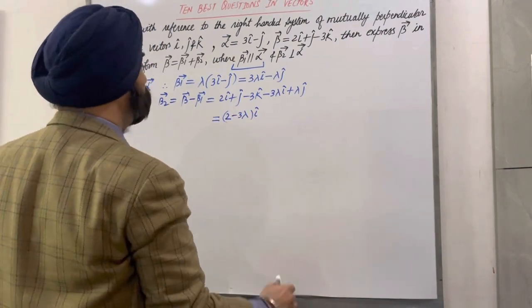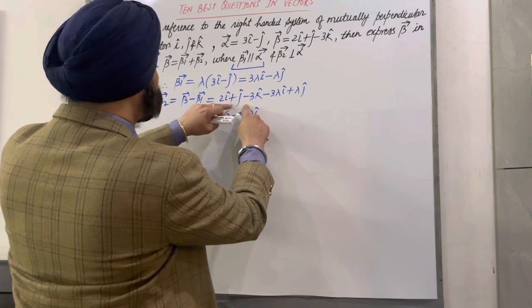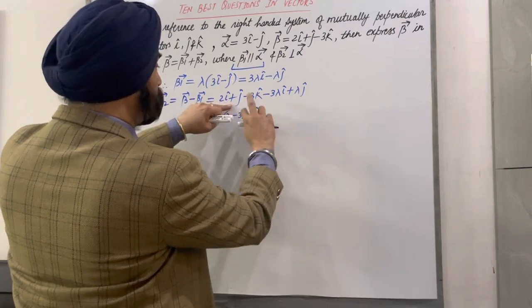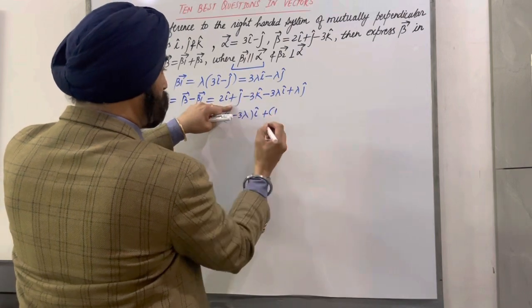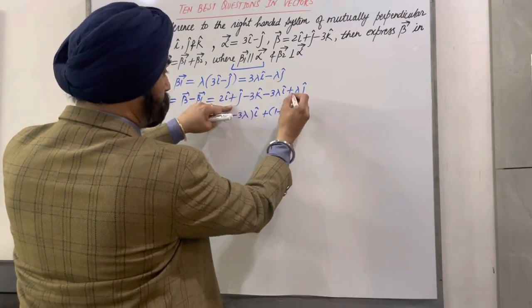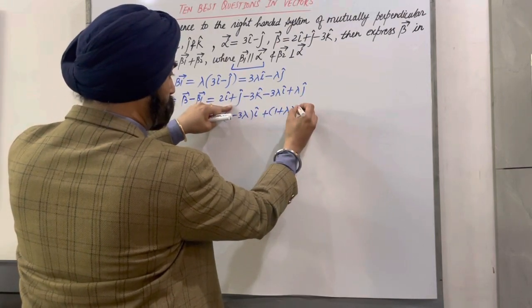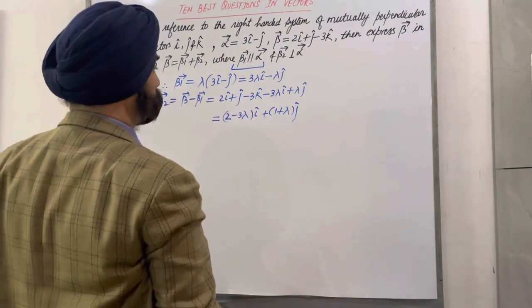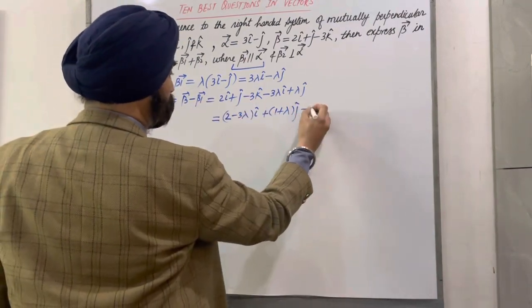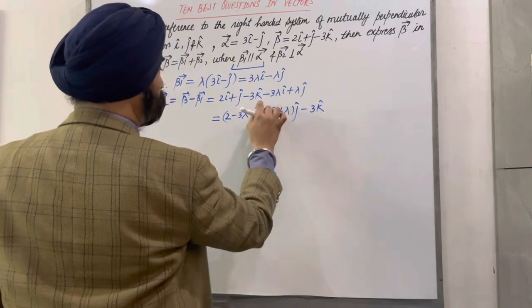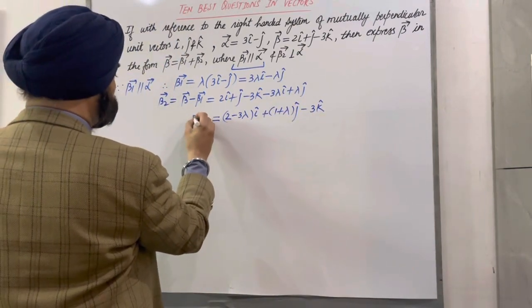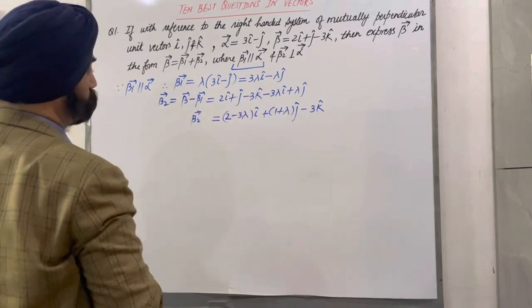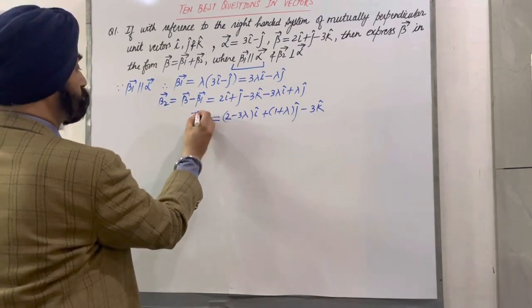Likewise, we have the term of j cap appearing twice. With j we have 1 and with j here we have lambda, and they are in addition. So we have 1 plus lambda attached with j cap. We have only minus 3k cap; we don't have another k cap available. So this is the final expression for vector beta 2.